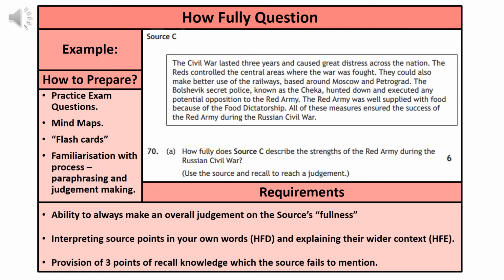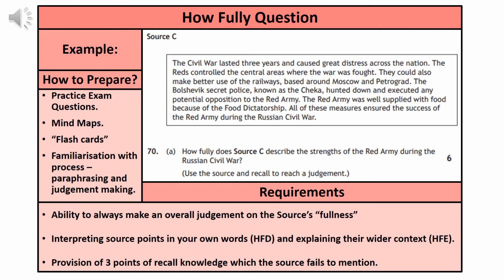Students just need to be able to say the relevance of the point to the question rather than just giving the point. They also need to be able to identify 3 points of knowledge from their own memory that they can then use that the source fails to mention. They'll then get 3 marks for recalled knowledge.